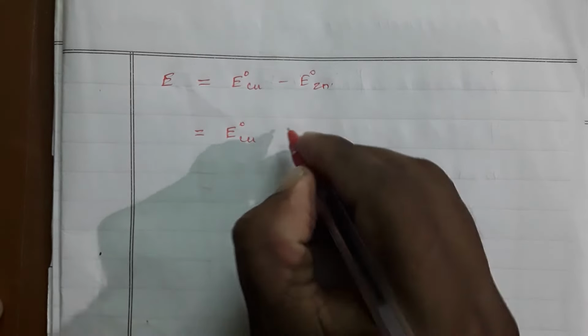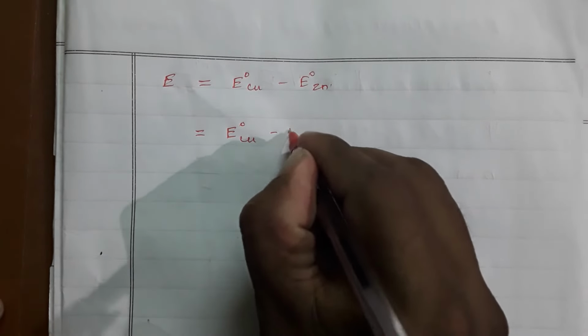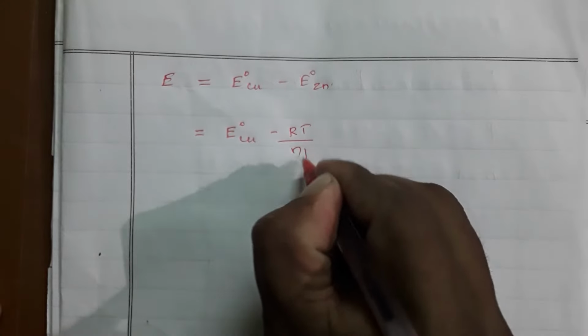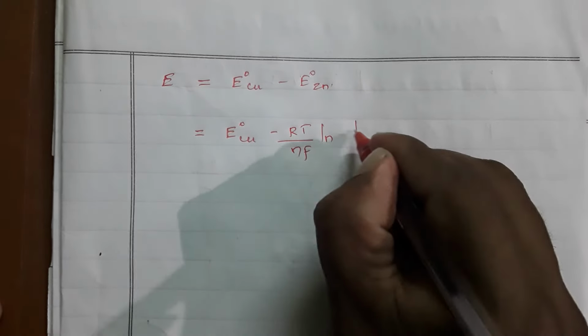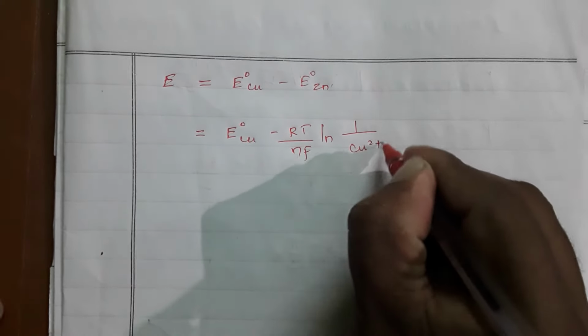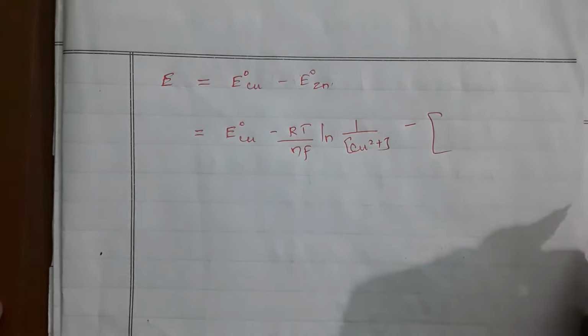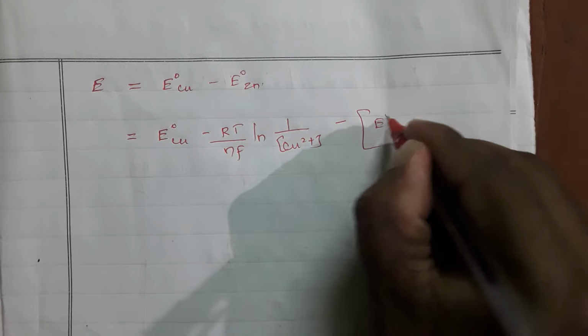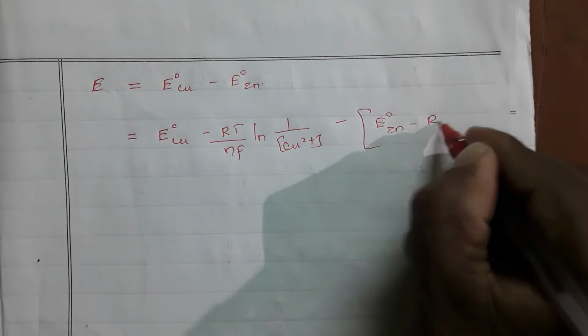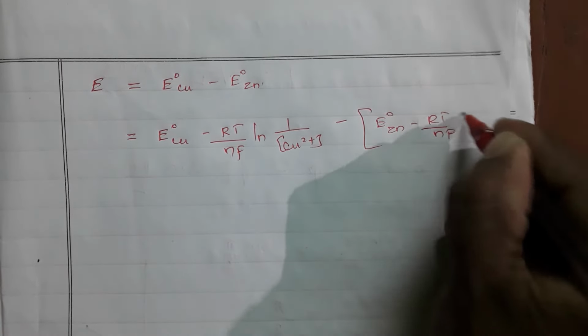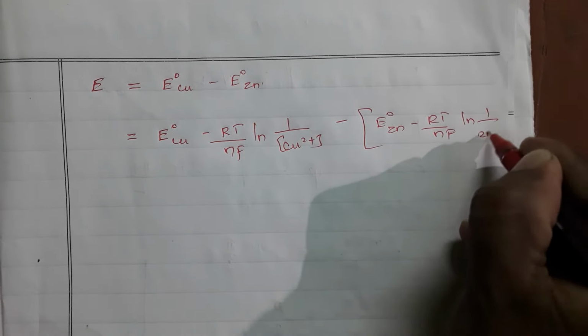E naught of copper minus RT by nF ln of 1 by copper 2 plus, minus the zinc value, E naught zinc minus RT by nF ln of 1 by zinc 2 plus.